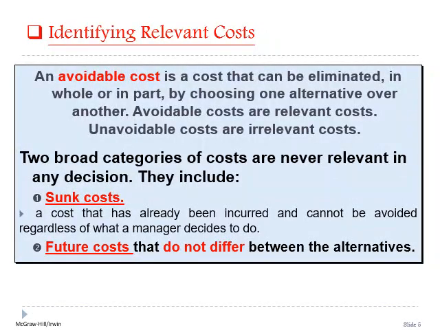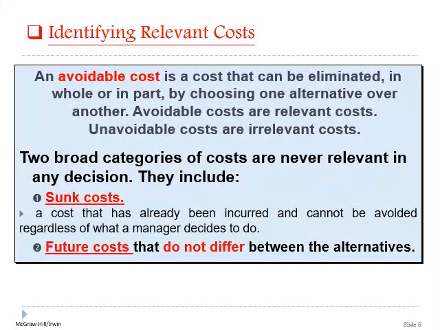وعلى العكس بقى يبقى unavoidable cost اللي هي التكاليف التي لا يمكن تجنبها are irrelevant cost، هي تكلفة غير ملائمة، وبالتالي I don't rely on it in the decisions، مش هعتمد عليها في اتخاذ القرار.